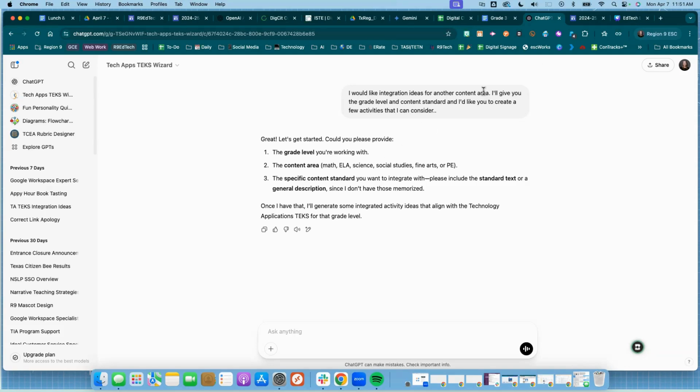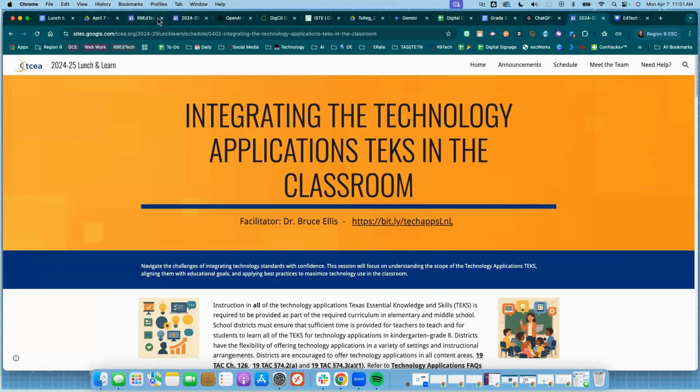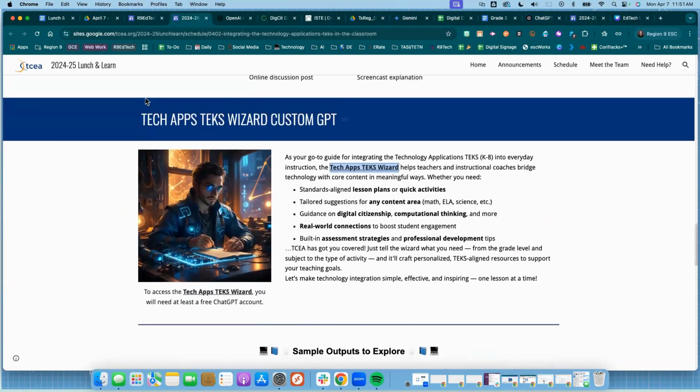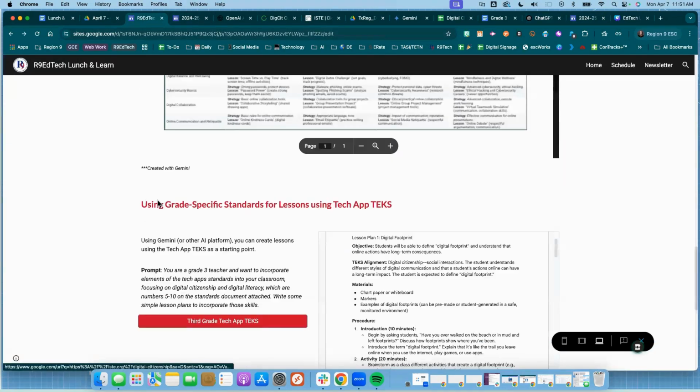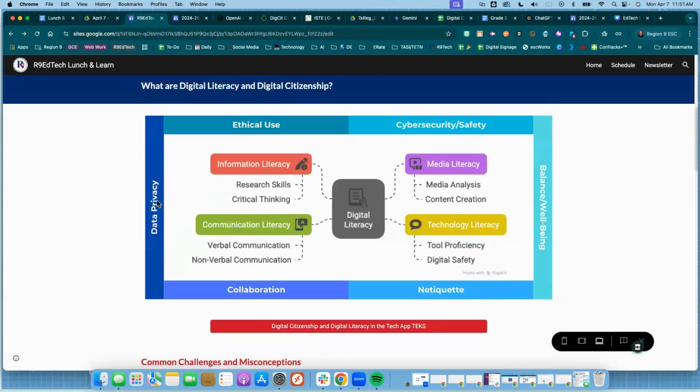So those are just some things that are connected here. Not only using the standards themselves to do this and teaching these skills, but also using tools for us to make our lives a little bit easier.